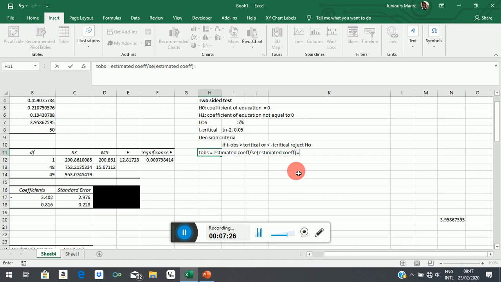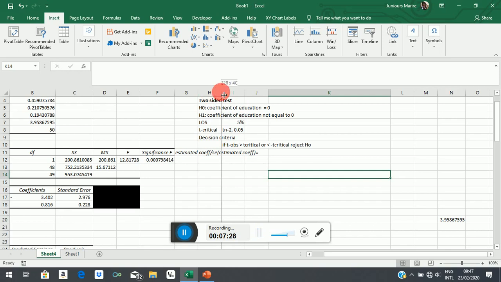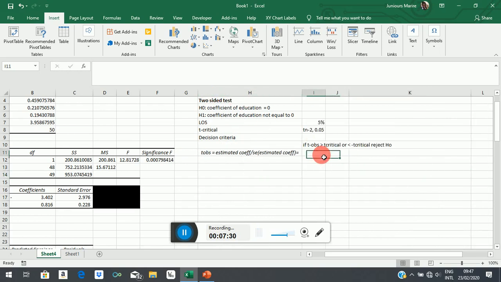So in this particular instance, it is equal to, our estimated coefficient is this number here, and we are dividing it by its standard error there, and we get 3.58.